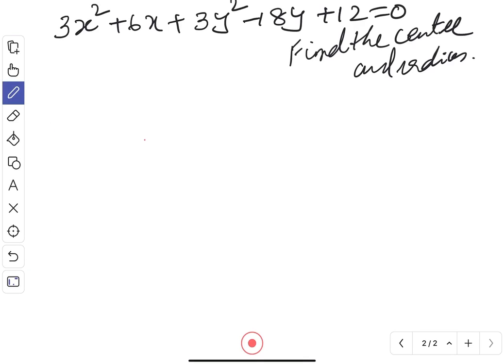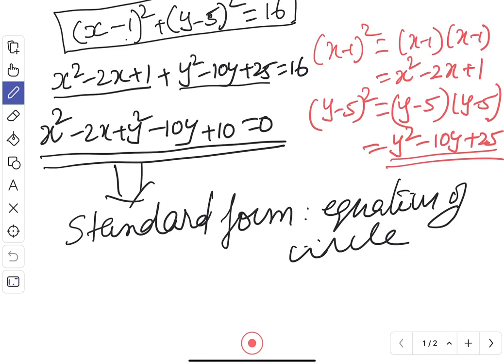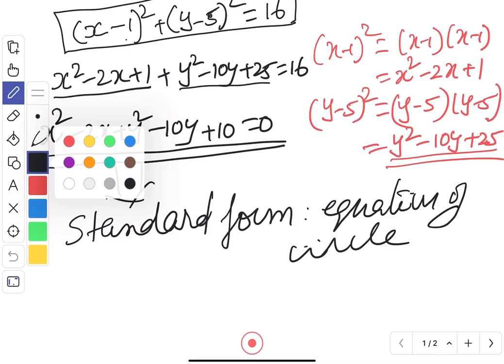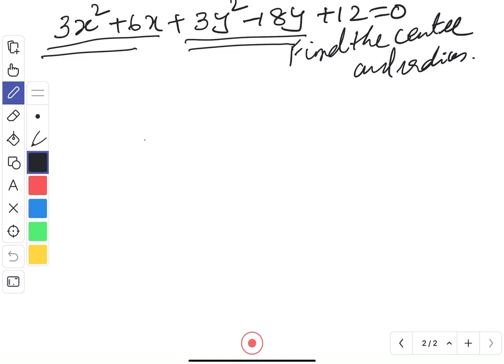Now coming back here, first I complete the square of x, then I complete the square of y. You can see this is my x, the whole squared, and y is also squared. So I'm going to write x and y in squared form. How do I do that?